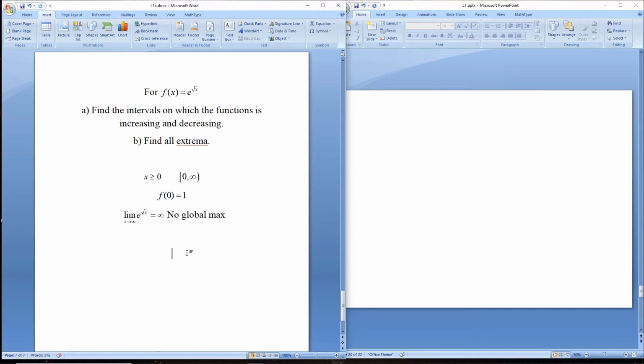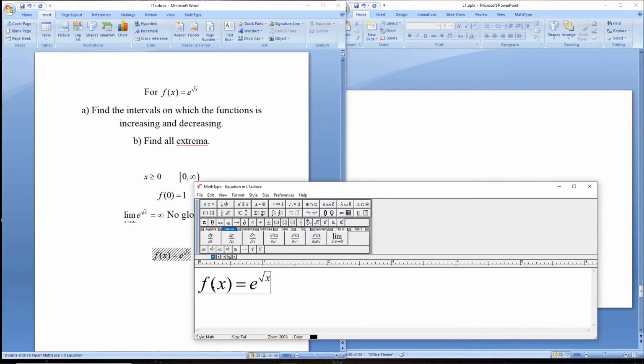So let's go to getting critical numbers, the derivative. The derivative of e to the something is always itself. And then the chain rule says multiply by the derivative of the argument. And so the derivative of square root of x would be 1/2 x to the minus 1/2.